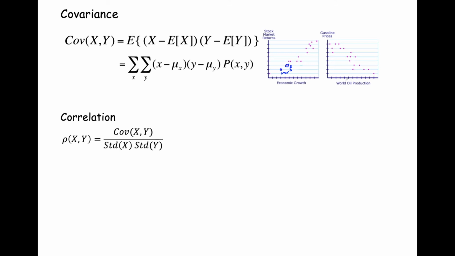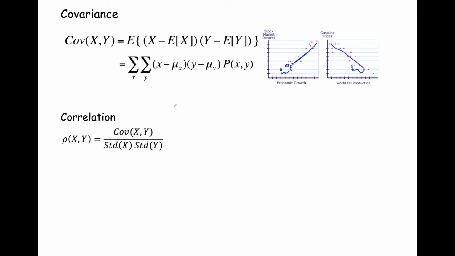If world oil production increases, some unit step increase, we see that the amount of gas price goes down, some unit step decrease. So that's a negative covariance. They vary together negatively. An increase in one results in a decrease in the other. And so if we look at these points and we were to do a kind of straight line fit, for the positive covariance, we get a positive sloping line, sloping upward. For a negative covariance, we get a negative sloping line, sloping downward.